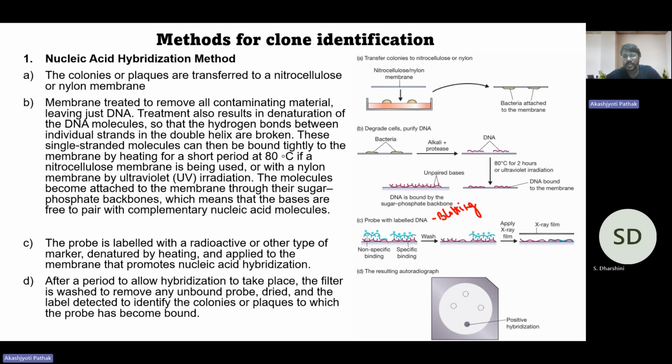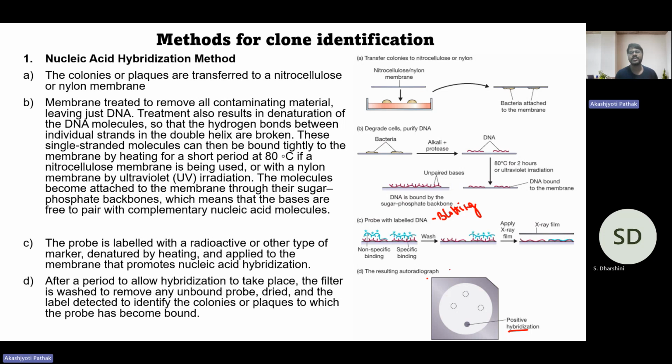You have different types of DNA attached to your membrane. After washing, only one particular type of DNA is getting bound to your probe. Now you can detect this using an X-ray film, and you can see that the signal is coming from only this particular clone. So the result is a positive hybridization.